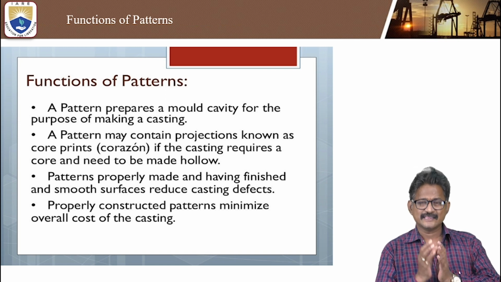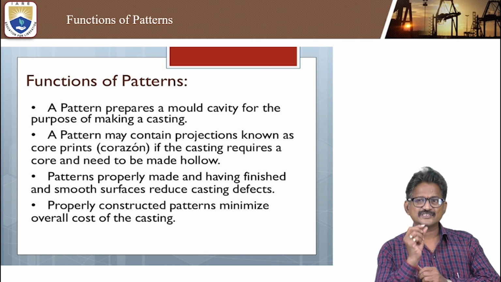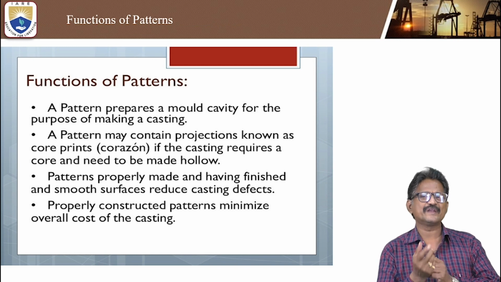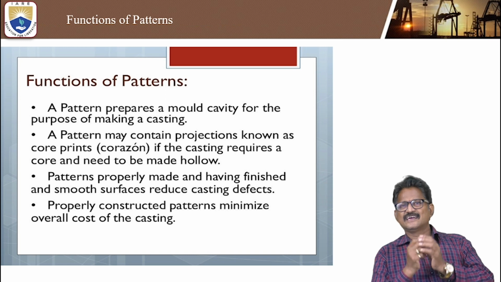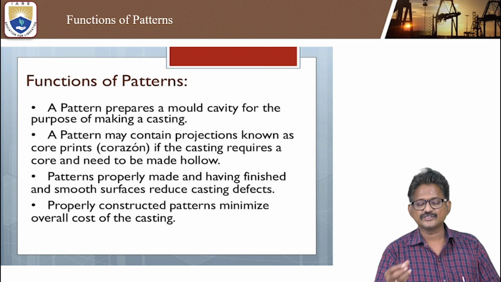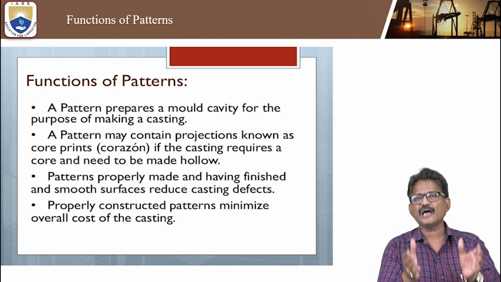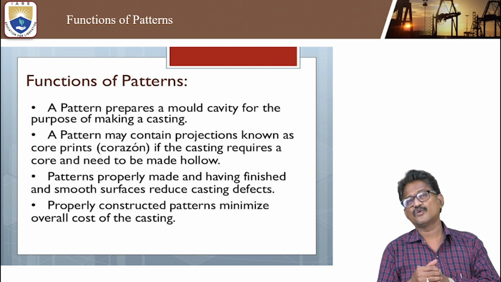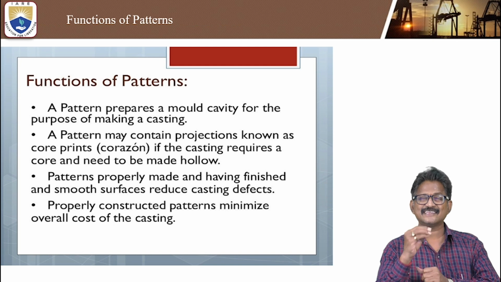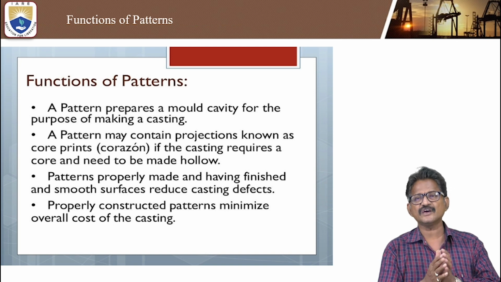The pattern should have some projections, that is core prints, if the casting requires a hollow portion. For example, if there is a hollow portion, you are supposed to put some cores or core prints. Core prints are nothing but extra projections of the core.